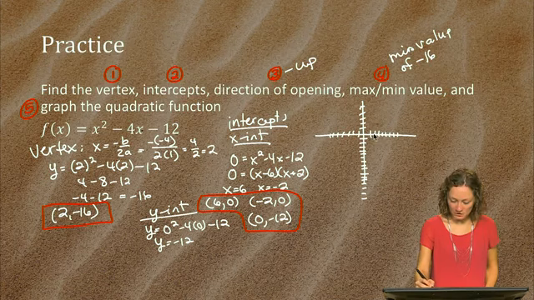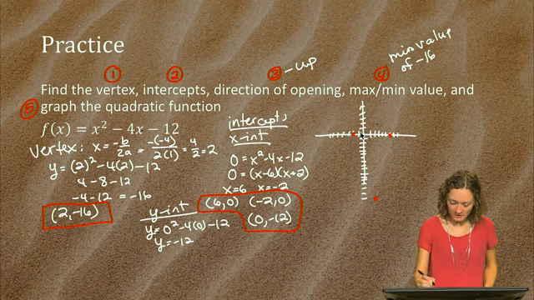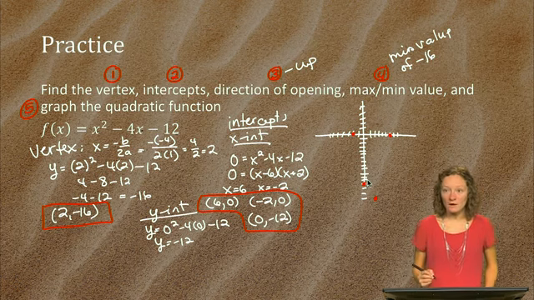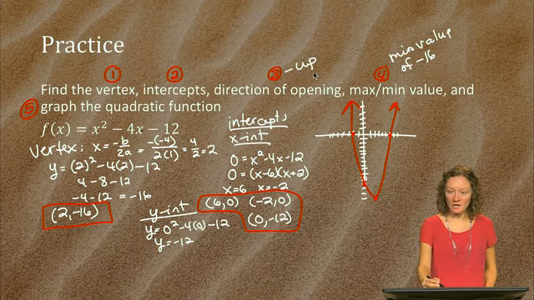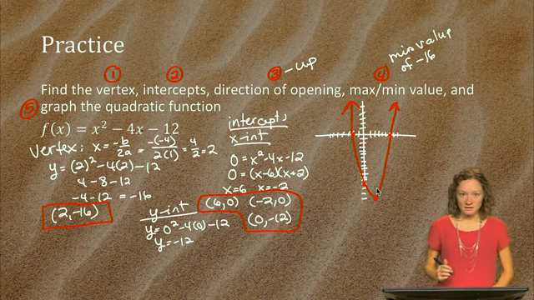So our vertex is (2, -16). Our intercepts, (6, 0), (-2, 0), and (0, -12). So this connects this way. And as we can see, it does open up, and it has a minimum value of negative 16.